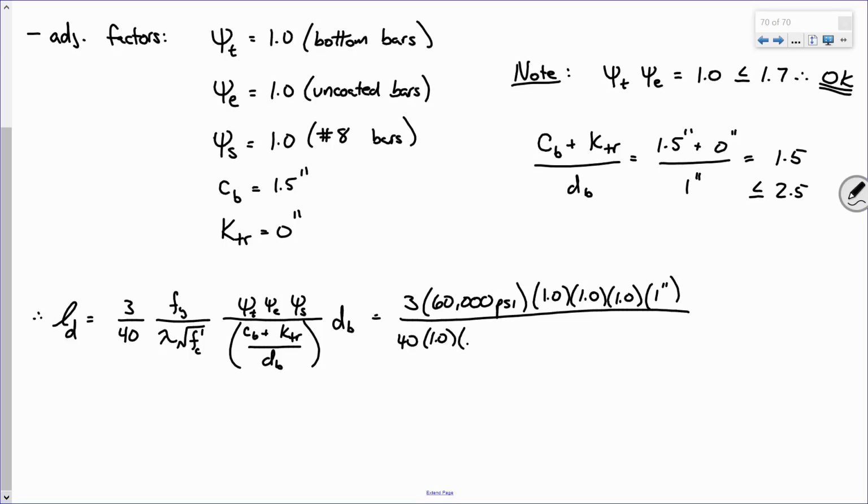We have the square root of what? 3,000. Remember, put in PSI, you get out PSI. Then now we've got this ratio, the CB plus KTR over dB. What is all this stuff in the parentheses equal to? We already did that, 1.5.